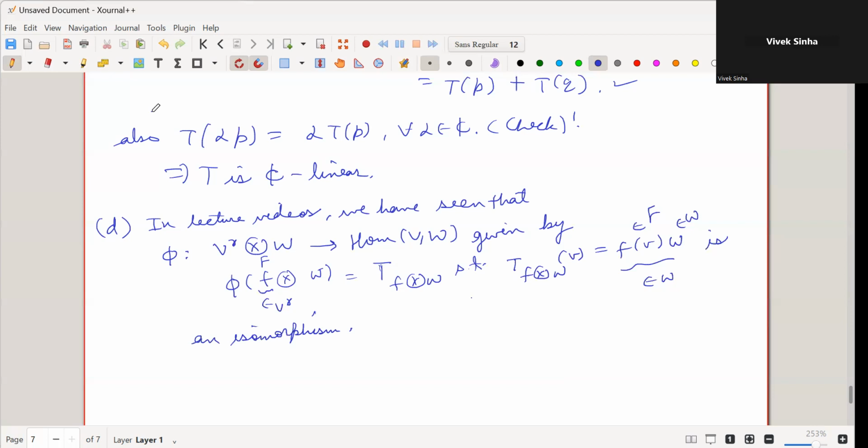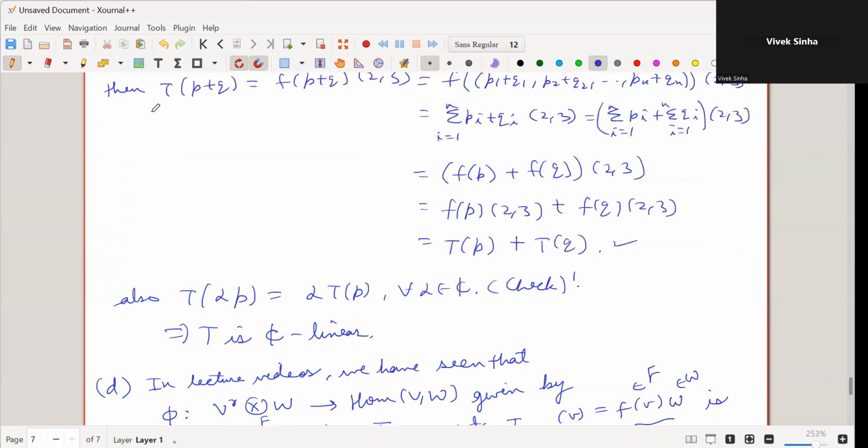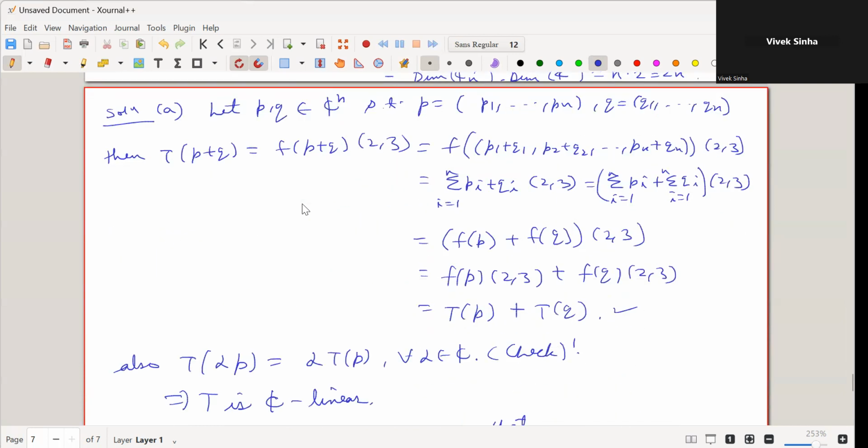So here, what you have is the image of T is f tensor (2, 3).